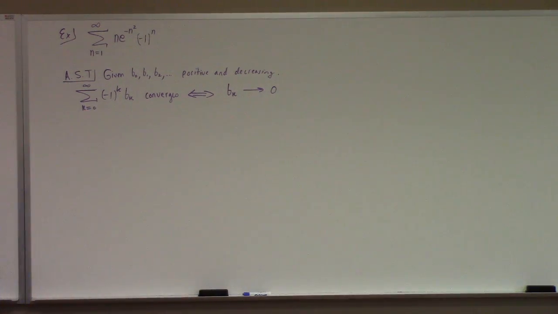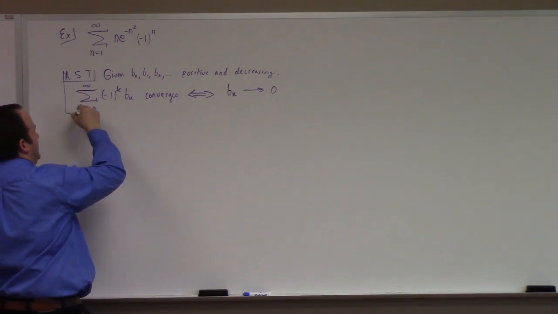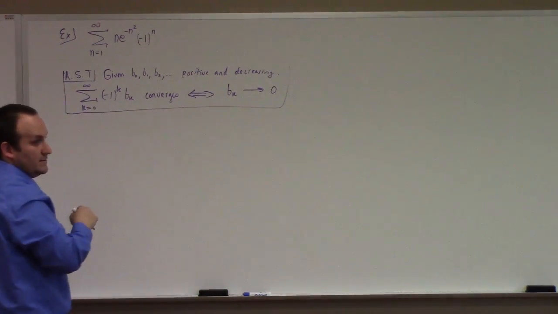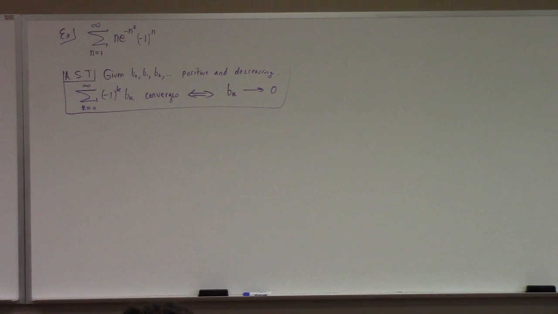So b sub k goes to 0. I mean, these are quite different theorems, right? To be completely honest, this one is way more useful than that one, actually. Okay, so here's what I got confused about yesterday.